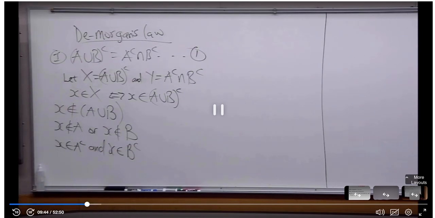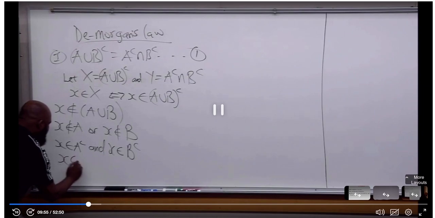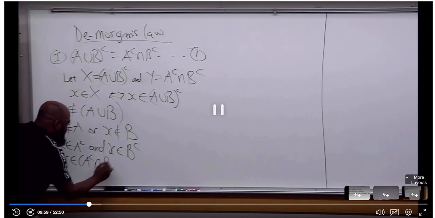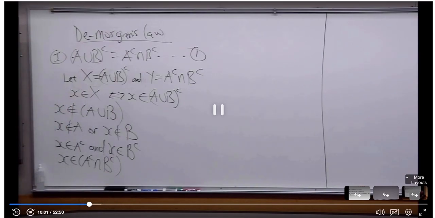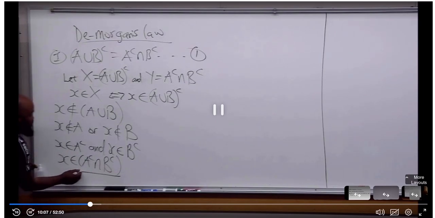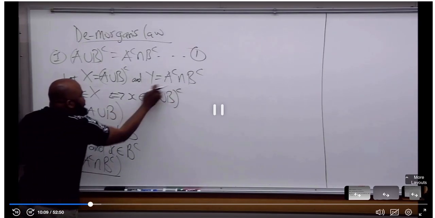Do you see that? Now, if I have this guy, look at that. Automatically, it's trying to tell me this. Isn't it? If you take a look at that, this is telling me this. And what is this? What do we call that? Y, right?